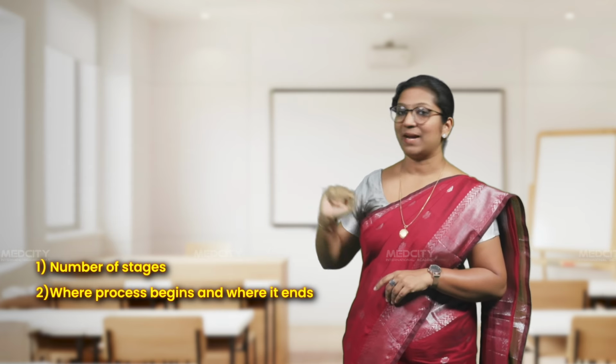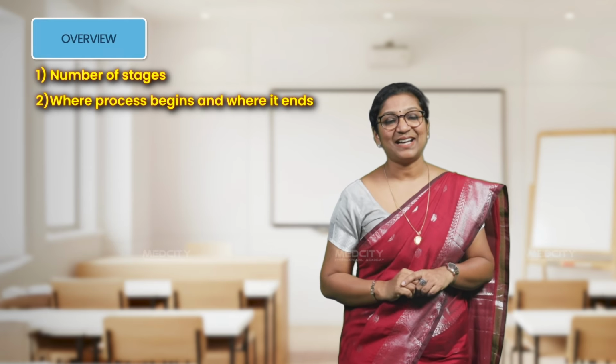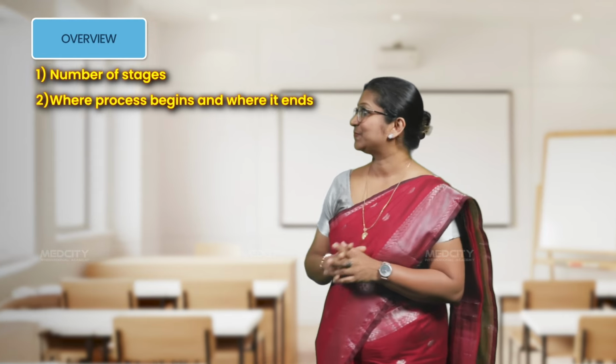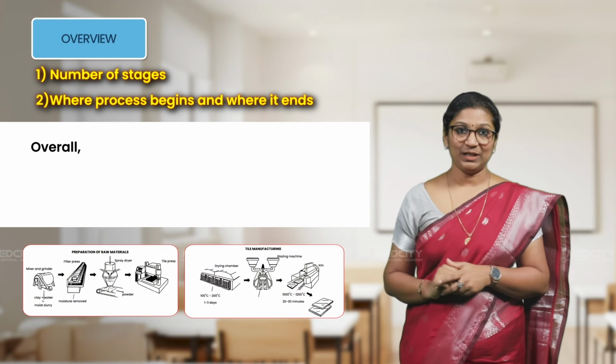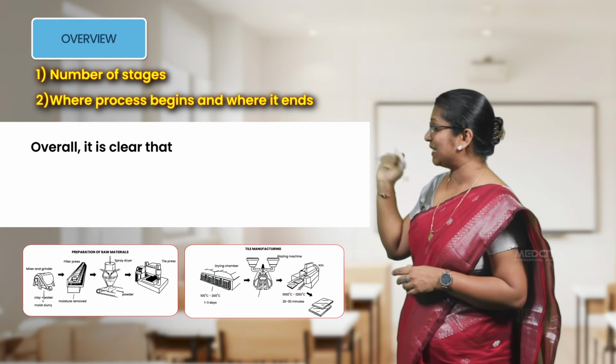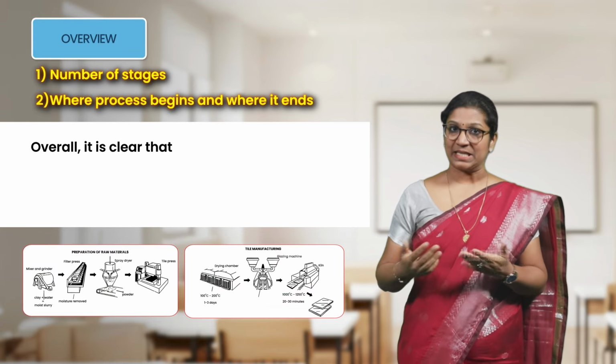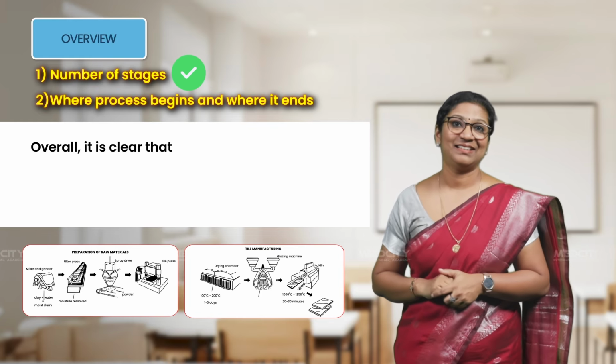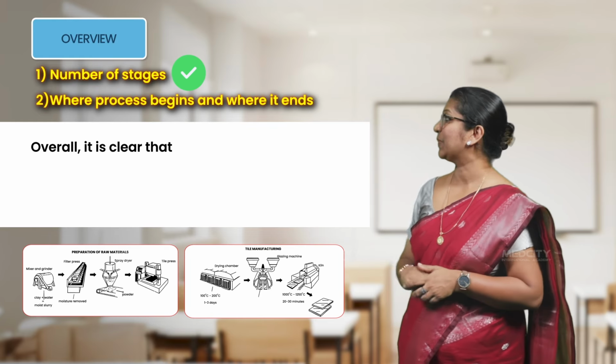Now, keeping this in mind, let's understand how an overview can be written. Let's look at a sample overview. Overall, it is clear that. Now, what did I say first? Tick. Number of stages.